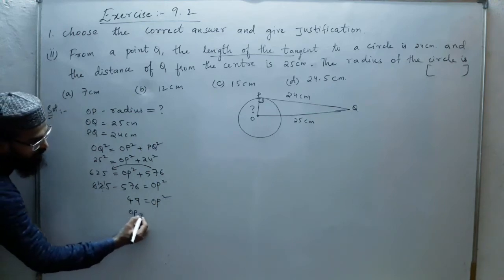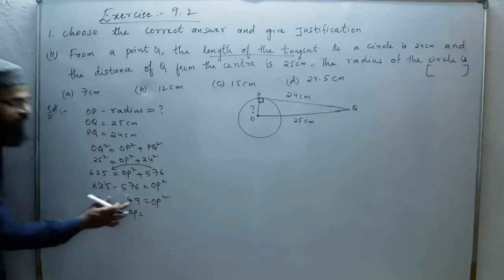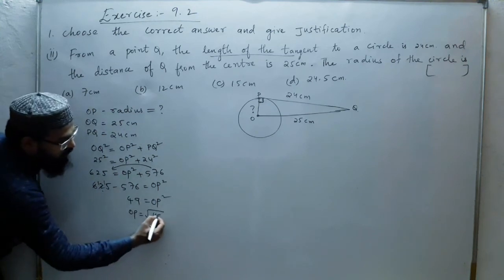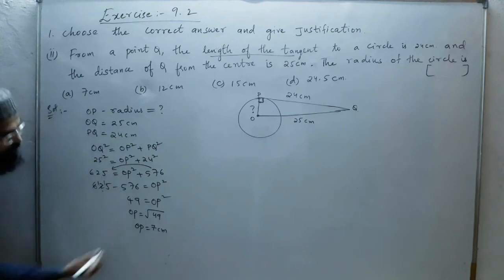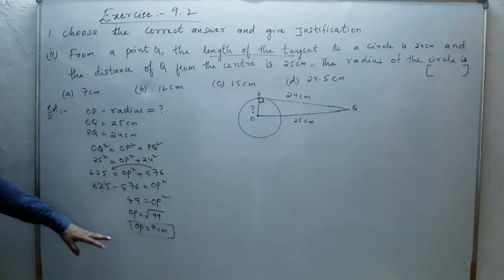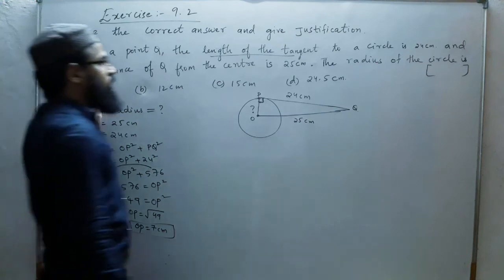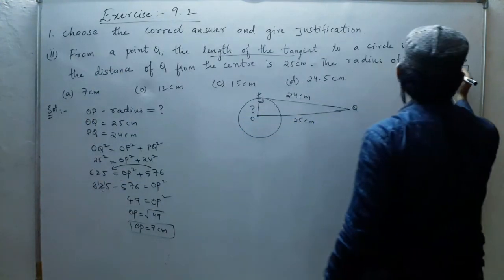So OP, when we remove this square, we get square root of 49. OP is equals to 7 centimeter. So this is nothing but the radius. So what is that option? Option A.